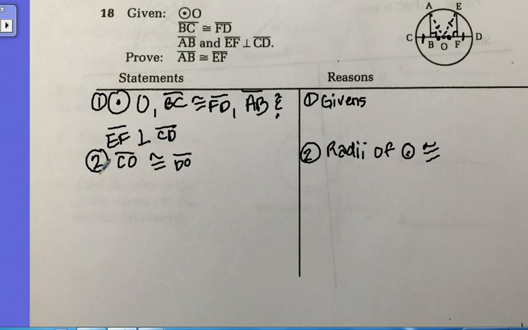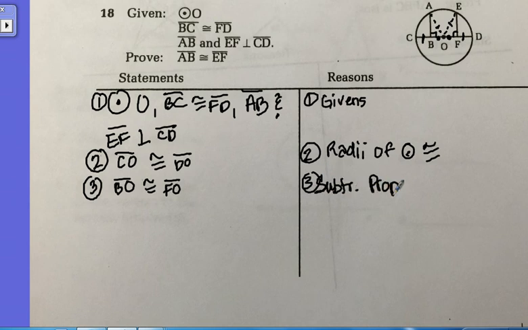All right, and then from that we can state that BO is congruent to FO by the subtraction property, because we're subtracting these congruent BC and FD from the radii. All right, that gives us a side.